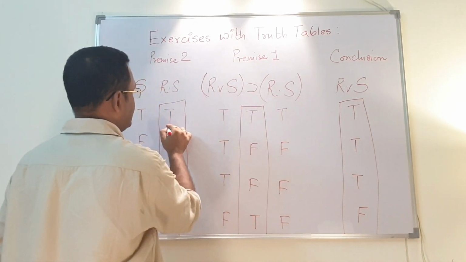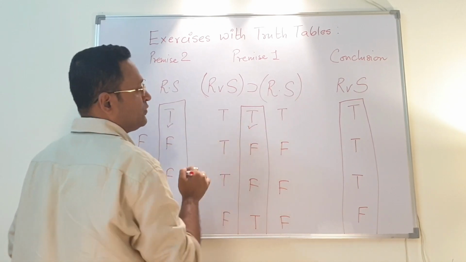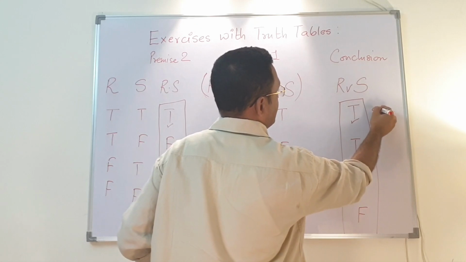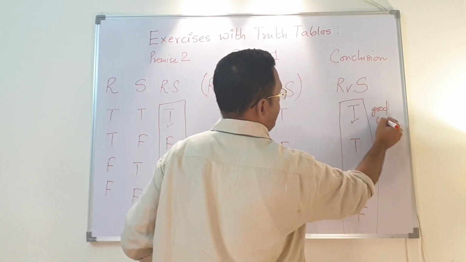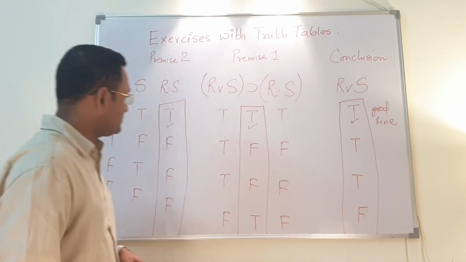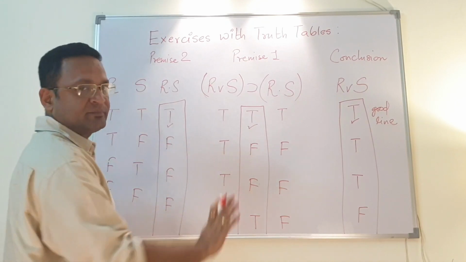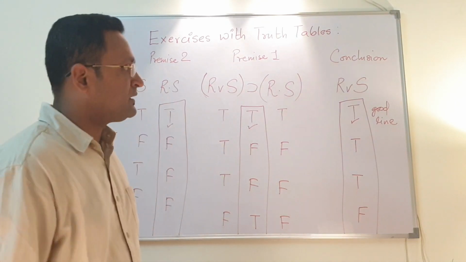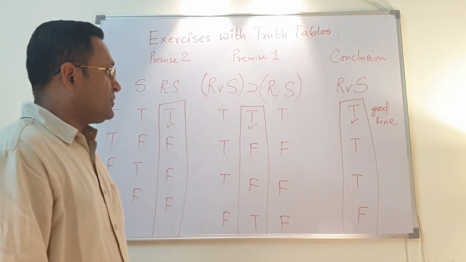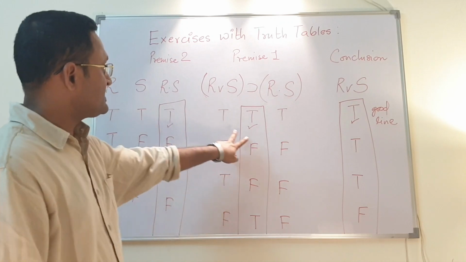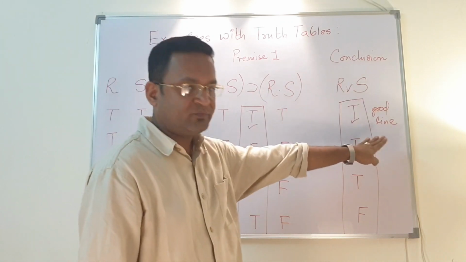If you check this line, both the premises are true and the conclusion is true as well, so this is a good line. Now there is no other line to check. So you know by the analysis that if the premises are true, the conclusion has to be true.